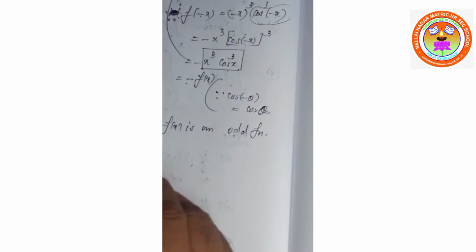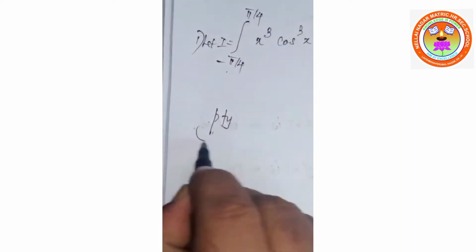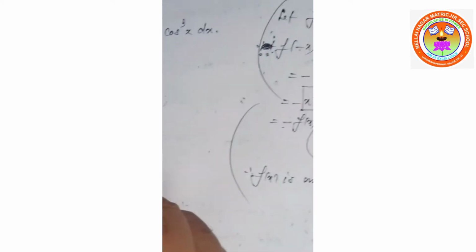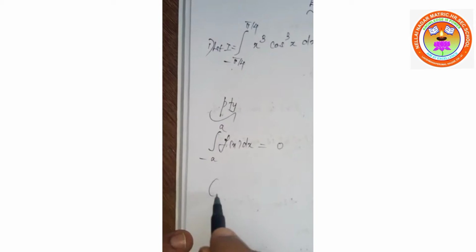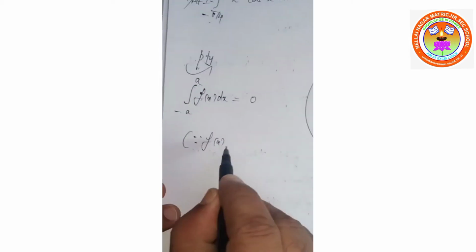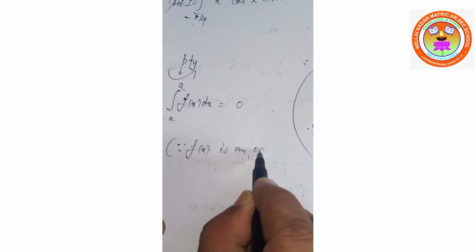We know the property. Where is the property? Integral minus a to a f of x dx equals 0, since f of x is an odd function.